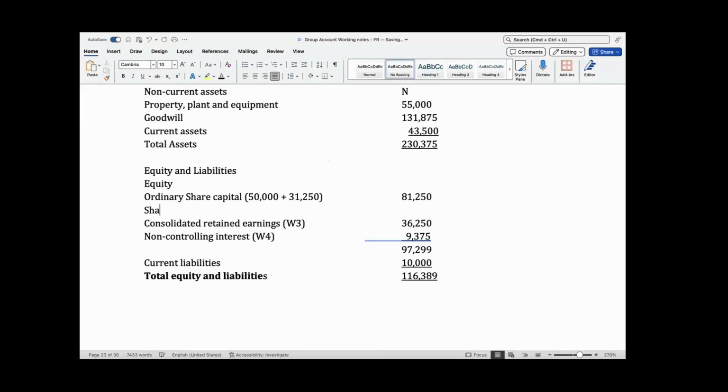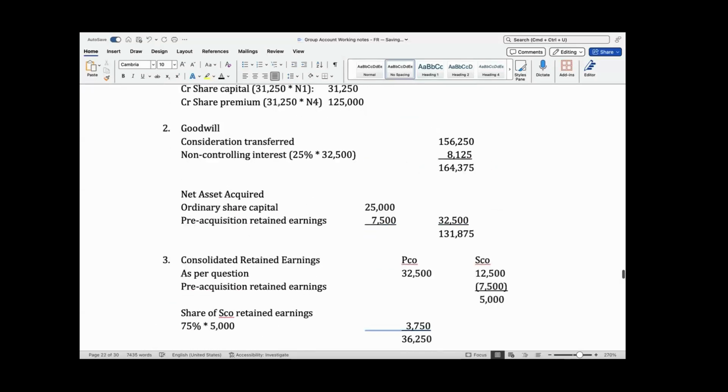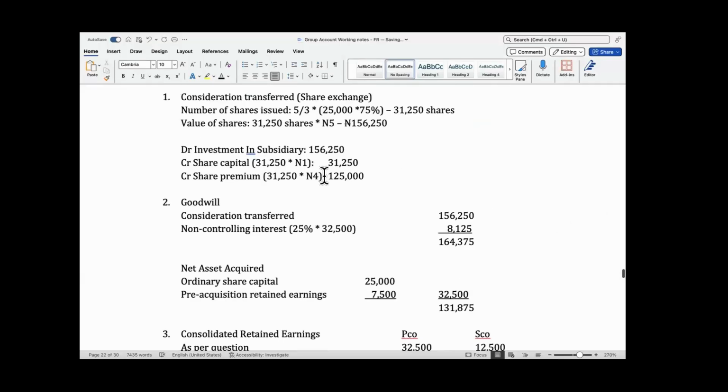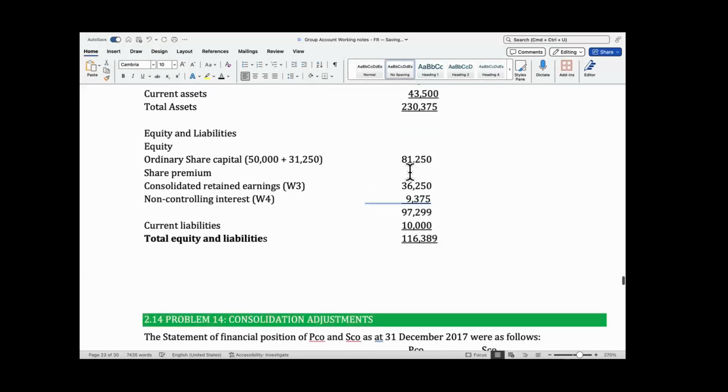And also we're going to have share premium, which is 125,000.